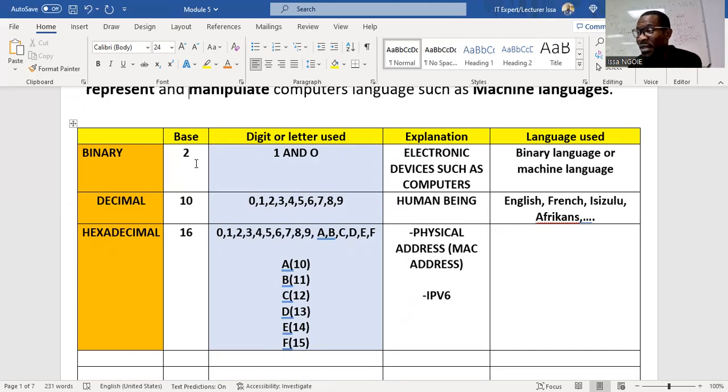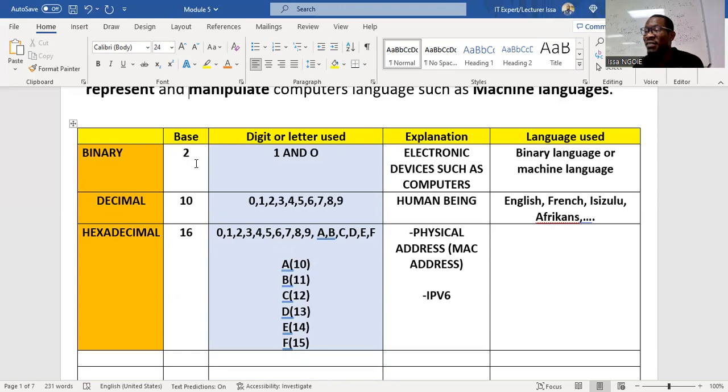So there is electricity, yes. Yes means 1, and no means 0 or off, right? So binary language means base 2. Base 2 means two numbers, 1 and 0. Shortly, computers can only use 1 and 0, right? What does it mean?